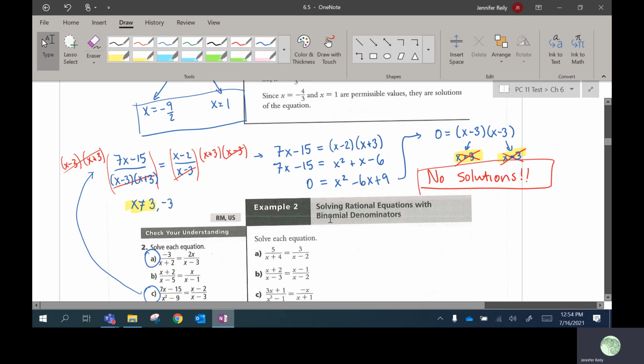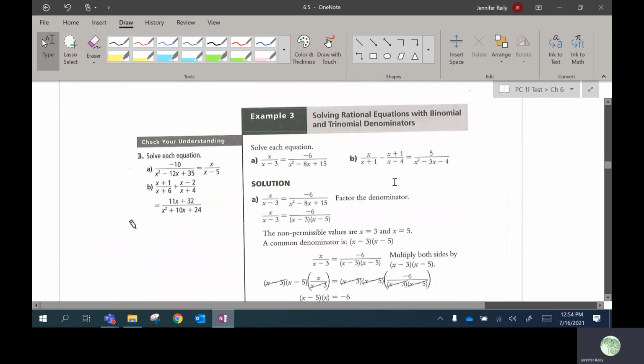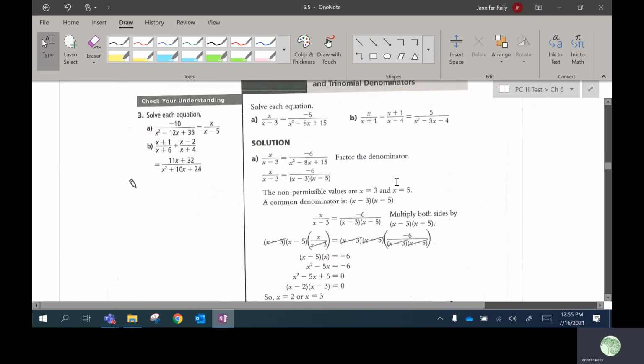Okay, we're going to do one more question. This one's a little bit more involved, but the idea is, again, still the same. We're going to do check your understanding 3b. Now you can try check your understanding 3a if you like. I'll do 3b just because it's the most complicated one. So what we want to do here, I'm going to write this all out, but we're going to factor the denominator of the left-hand side.